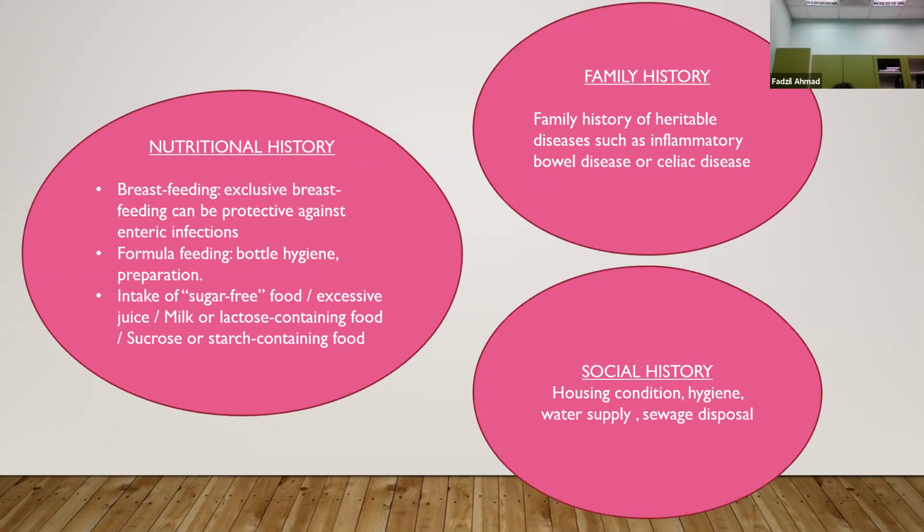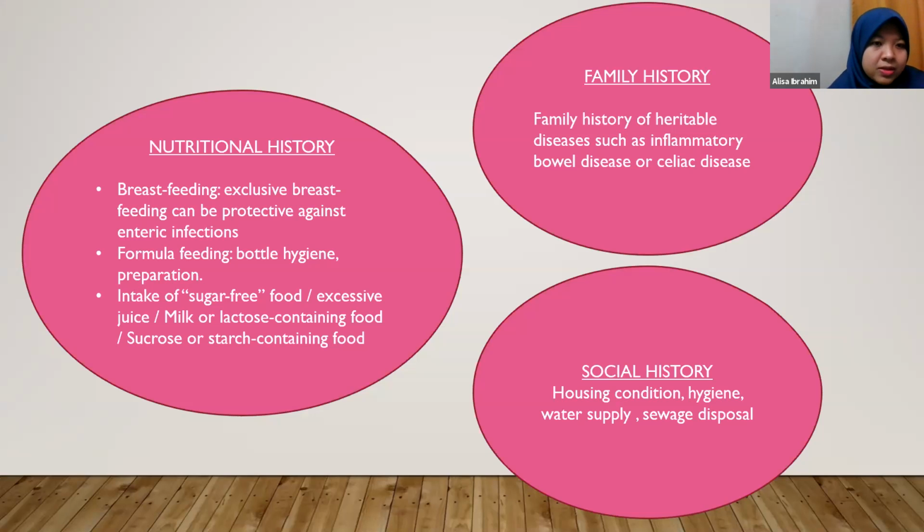Moving on, the next history that we should ask is the nutritional history. We need to ask the parents whether the child is fully breastfed or using formula milk. If the child is exclusively breastfed, it can be a protective mechanism against enteric infection.